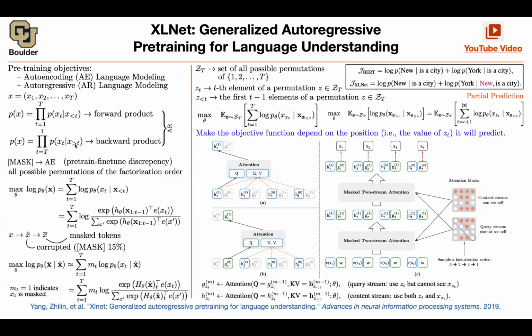Another permutation is to go backward, which is gonna be T, T minus 1, T minus 2 up until 1. But these are two specific permutations. You can have all sorts of permutations for your input indices. And the idea of XLNet is there is nothing special about forward permutation, backward permutation. You can actually use any permutation that you like and average them out. In that way, XLNet is generalizing autoregressive models.